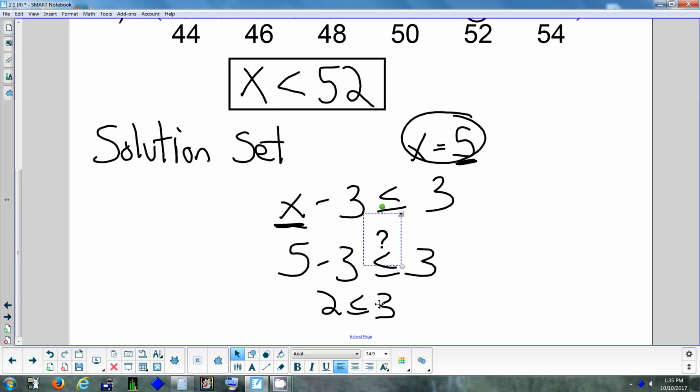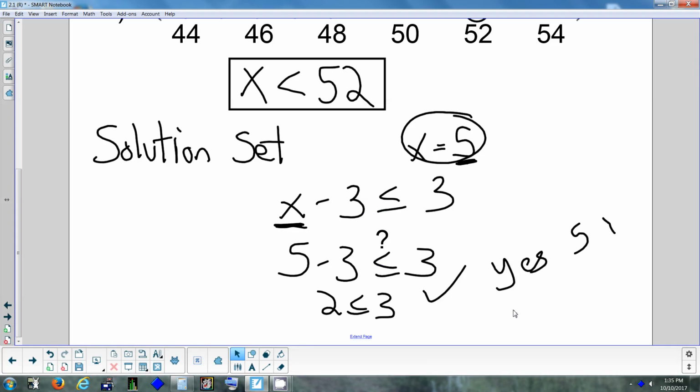Does that work? Yeah. So all we can put is a check or yes. 5 is a solution. So when it asks for solution set, that's what it's asking for.